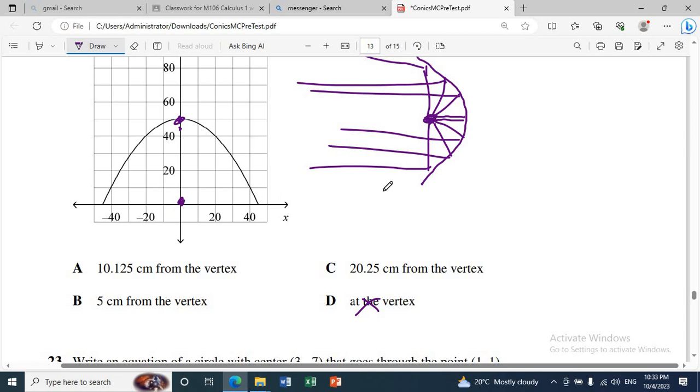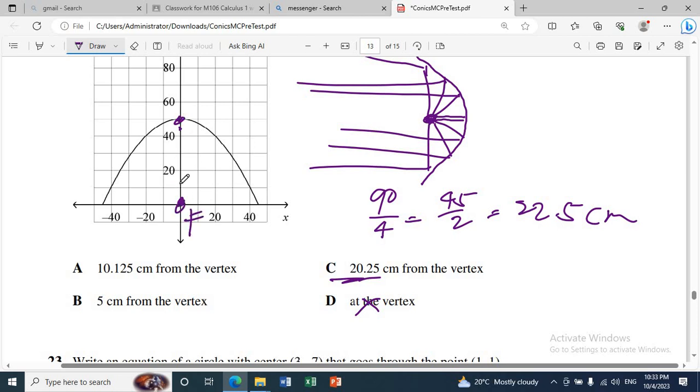Supposedly, if we compute, 90 divided by 4, this is 45 over 2, or 22.5 centimeters. Perhaps a mistake was made, it should not be 20. So this is the focus. The distance is actually 90 over 4, because 90 is our latus rectum. So, not sure. This will just be a bonus.